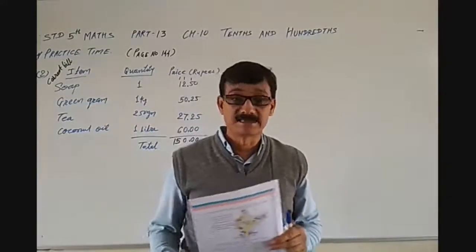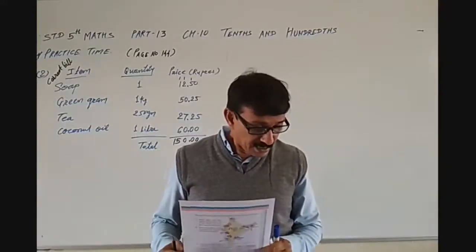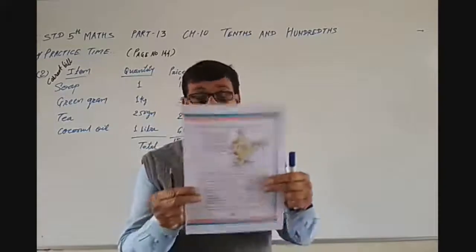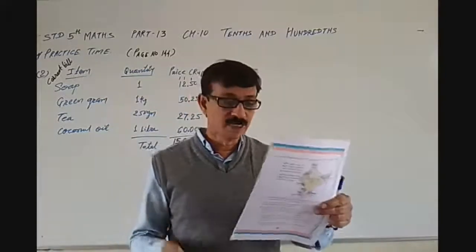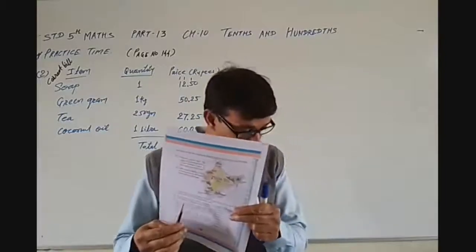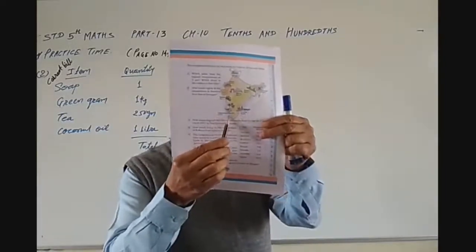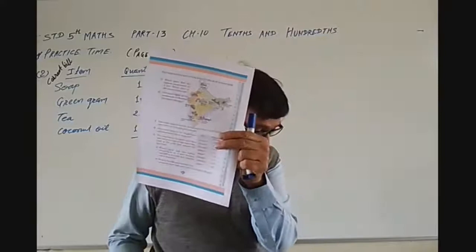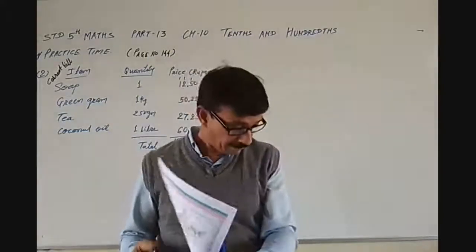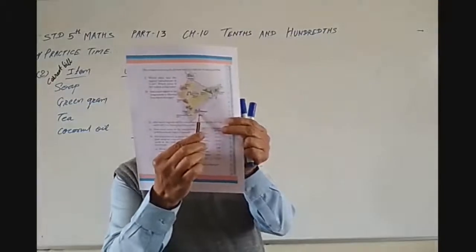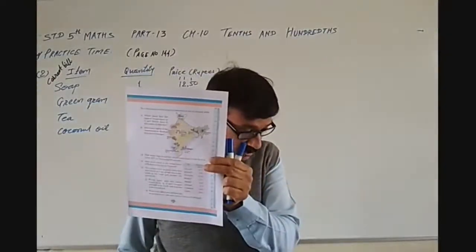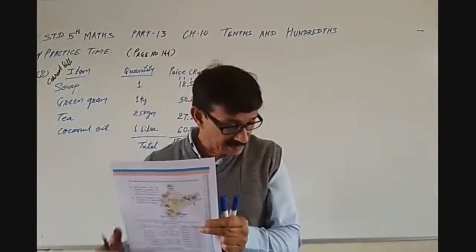35.1 degrees Celsius. Then in Thiruvananthapuram it is 33.5 degrees Celsius. Then in Chennai, somewhere over here, it is 29.9 degrees Celsius.